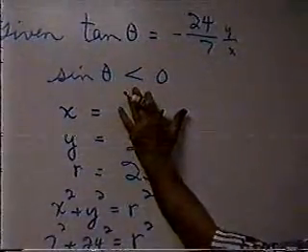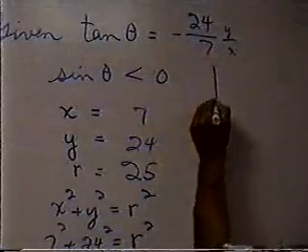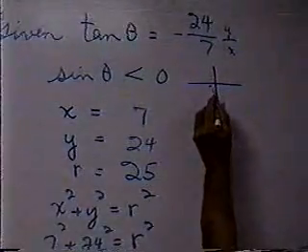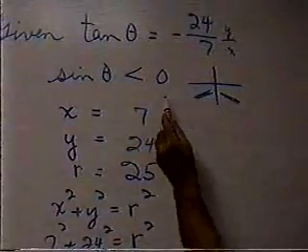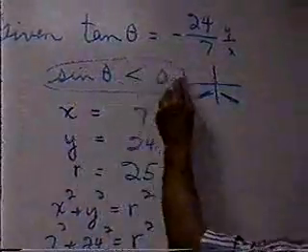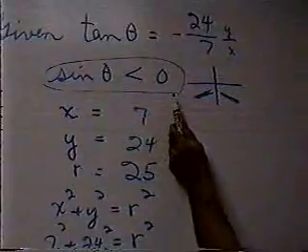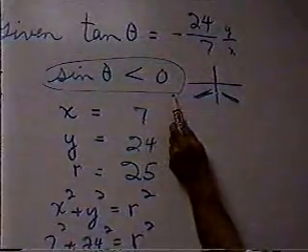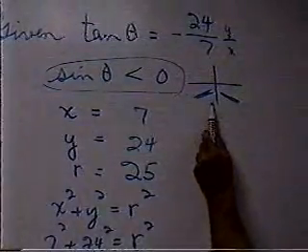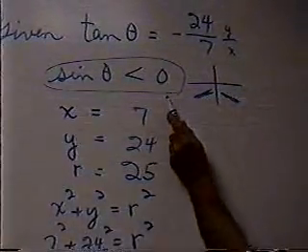Sine is y over r, so y is negative. So we're in quadrant 3 and 4 from this statement.